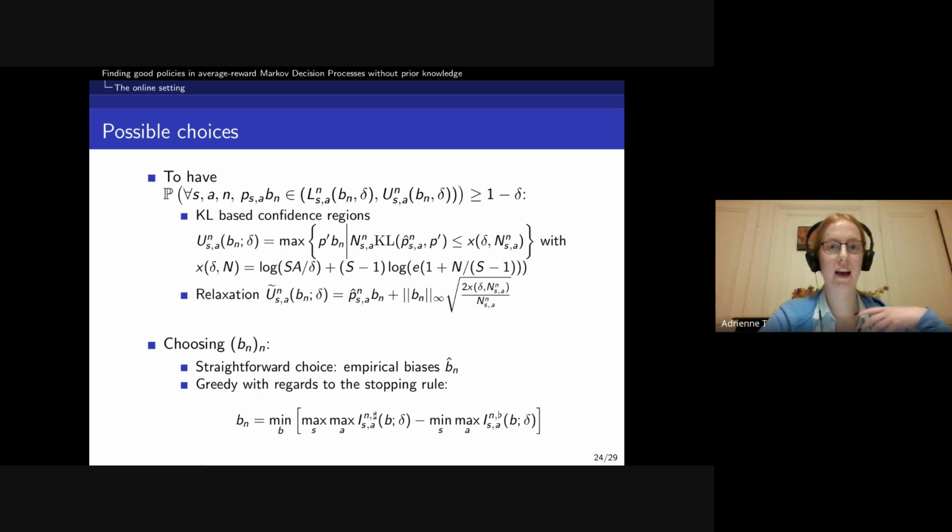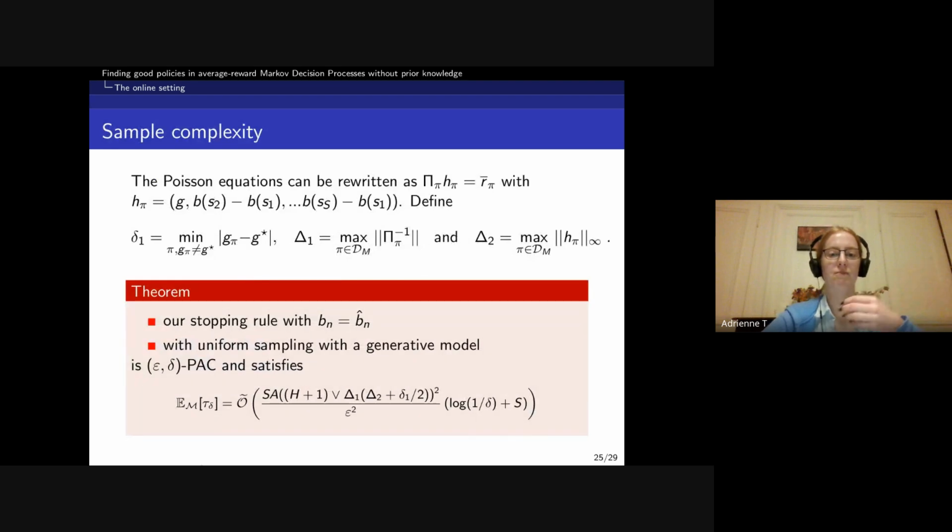Now, for the analysis on the sample complexity of it, we have some preliminary results about the sample complexity of this kind of stopping rule paired with uniform sampling. So it's not the best sampling rule there is, but it works. And the point here is to look at what ingredients might be necessary for this analysis with maybe smarter sampling rules.